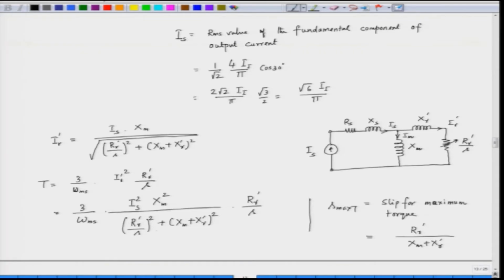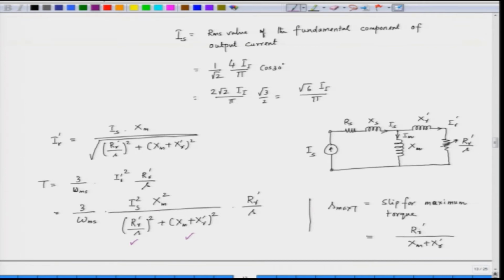So, these two quantities should be equal. We have in the denominator the slip resistance and also the reactance. The reactance is X_M plus X_R prime and the slip resistance is R_R prime by S. So, when they are equal, the torque will be maximum.